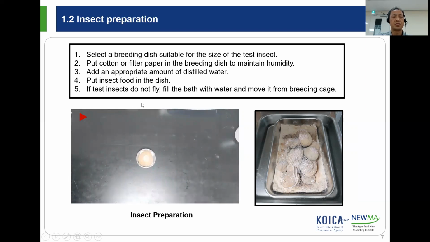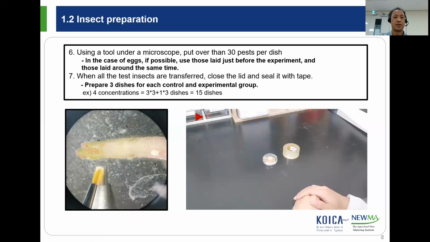If the test insects do not fly, fill the bath with water, and this is water, and then move them from the breeding cage. Using a tool under a microscope, put over 30 insects per dish.